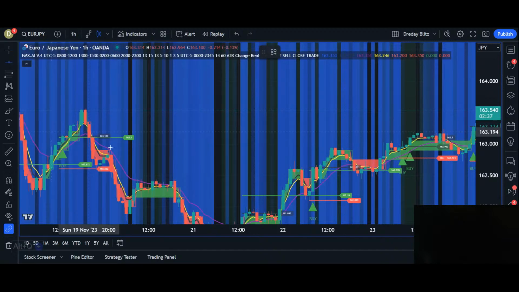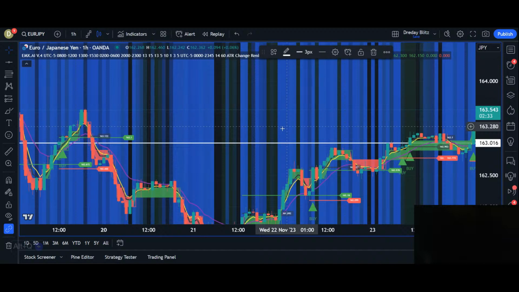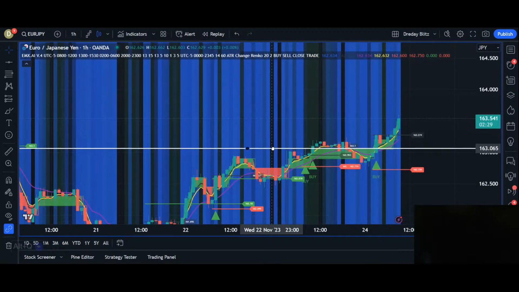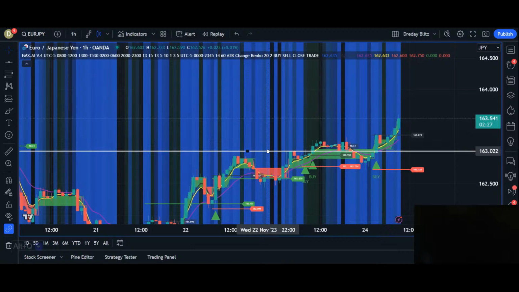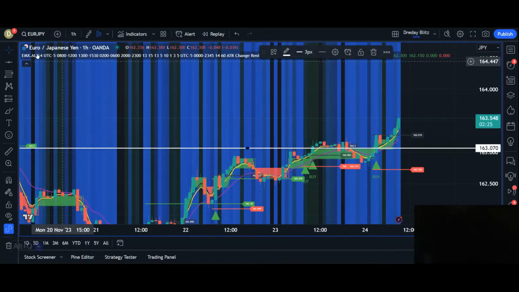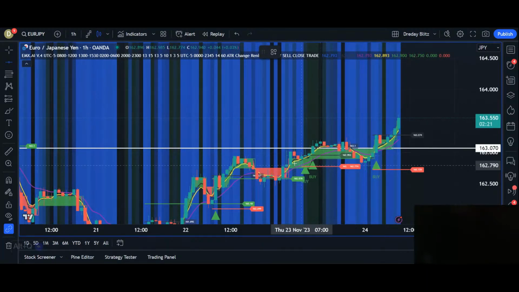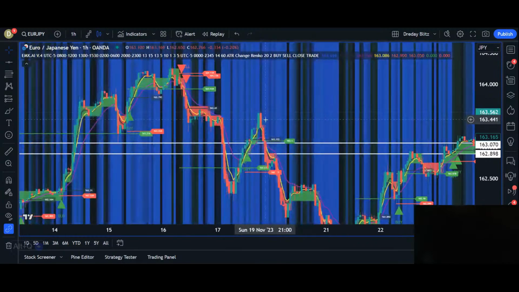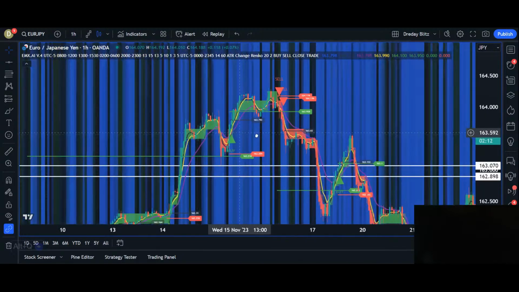Same principle. We put our horizontal line. I'm gonna plot a few of them. Okay, that's one. Then you have here. So it's really simple.